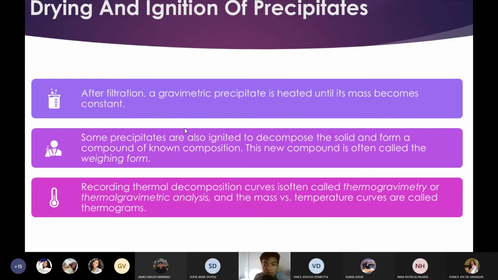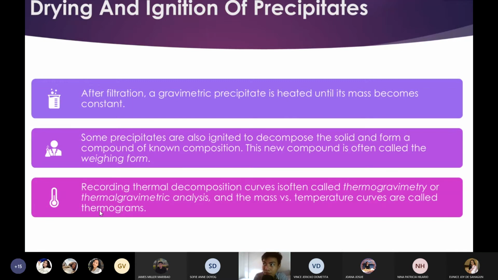Okay. So malalaman mo naman 'yun sa recipe ng methods na ginagawa mo if i-dry mo lang siya sa oven or i-heat mo siya. Okay. So pero ang idea dito is that you must remove the water or other volatile substances na nakahalo sa inyong precipitates or colloids, no? So that you will be left with your analyte, okay?